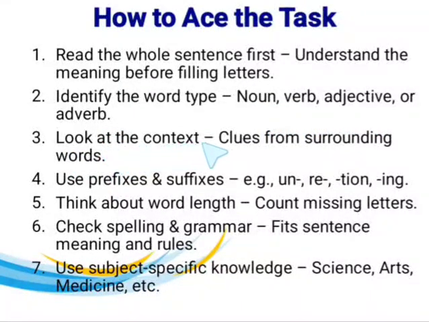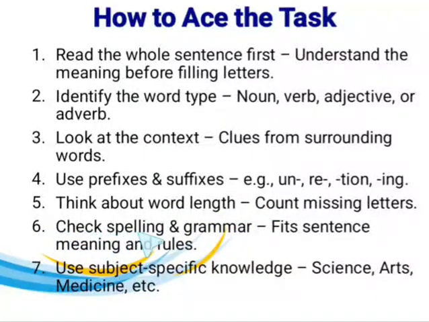Then you have to look at the context, the information that precedes or follows the word that you're looking at, right? Then you have to use prefixes and suffixes, for example, un, re, tion, ing. Then you have to think about the word length. You have to count the missing letters and the underscores, right? Then you will be able to come up with good answers actually.